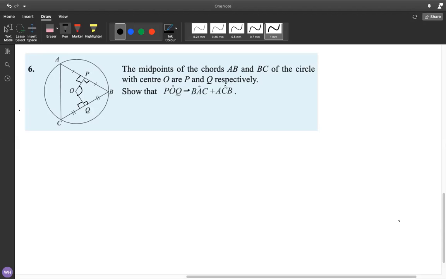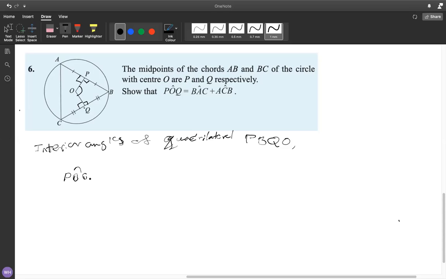Okay, fine. So now, if you consider the interior angles of the quadrilateral PBQO, what can you write?